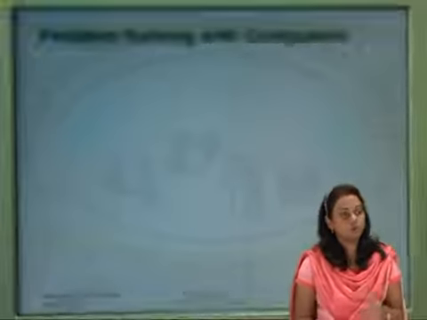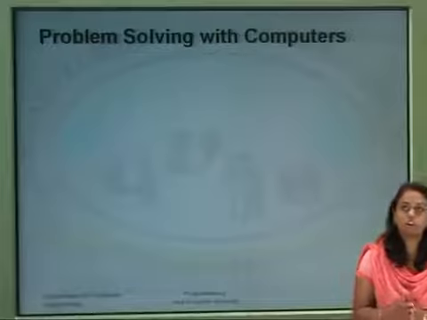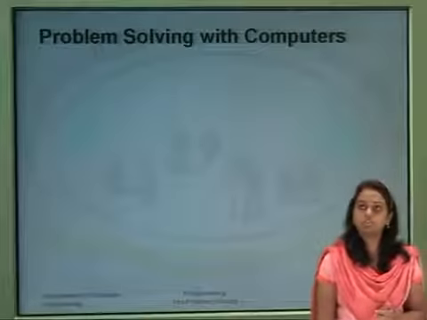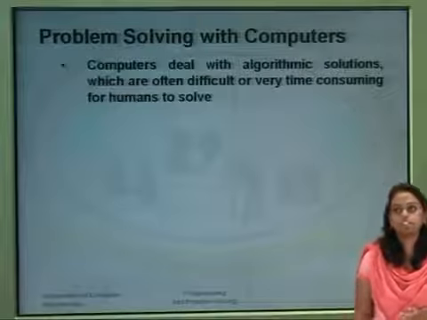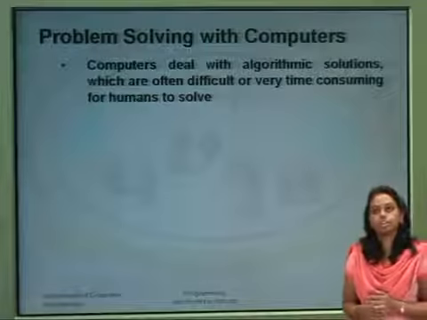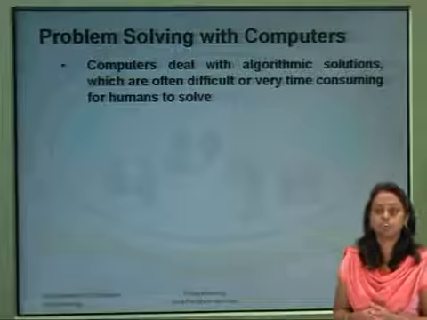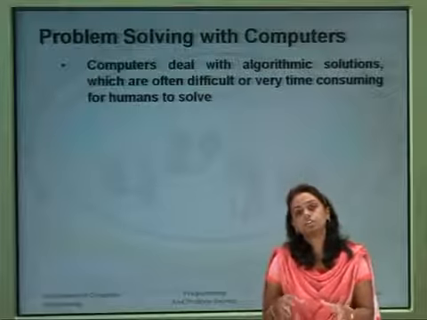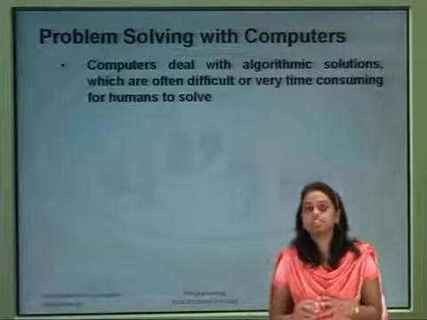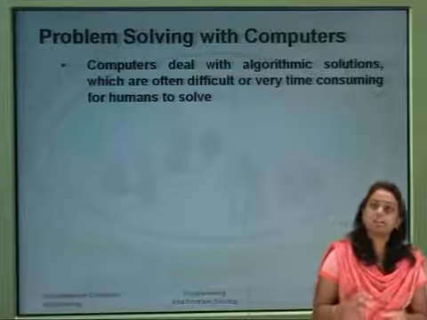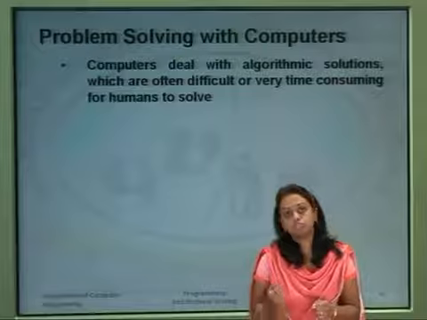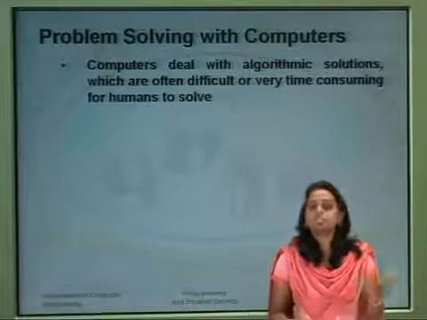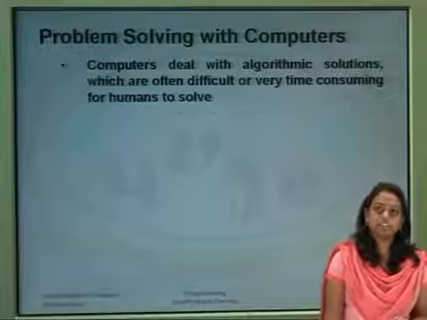Let us see now how computers solve problems. So, problem solving with computers. Computers deal with solutions which are often difficult or very time consuming for humans to solve. It's not that whatever the computer is solving, humans cannot solve. The problem is that it is difficult and will take a lot of time for a person to solve a problem which the computer can solve in seconds.